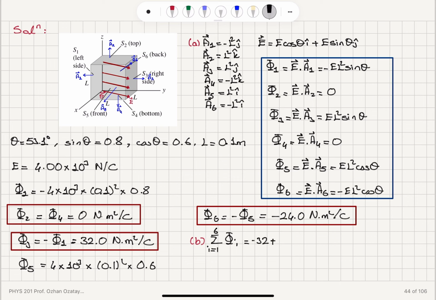Flux 2 is 0. Flux 3 is plus 32. Flux 4 is 0. Flux 5 is plus 24. Flux 6 is minus 24. Therefore, we find that the total flux is 0 newton meter squared per coulomb.